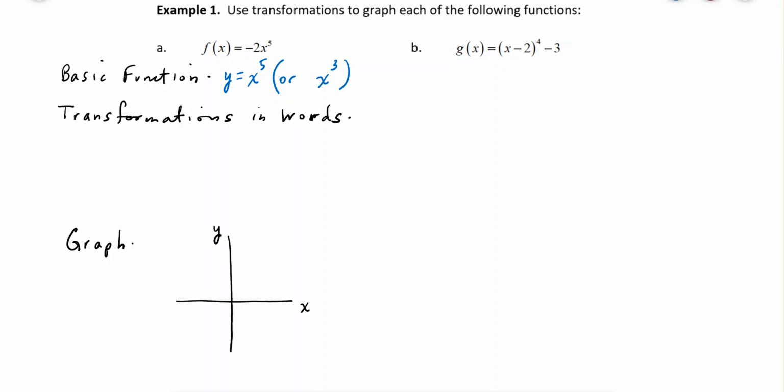So remember, we need to think of the negative and the 2 separate from each other. If we multiply by 2, then that represents a vertical stretch. And if we multiply by the negative 1 in front, then that represents a vertical reflection.